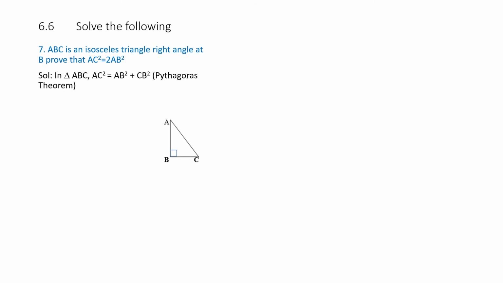Solution. In triangle ABC, AC square is equal to AB square plus CB square by the Pythagoras theorem. Given angle ABC is equal to 90 degrees, and ABC is an isosceles triangle, that is, AB is equal to BC.